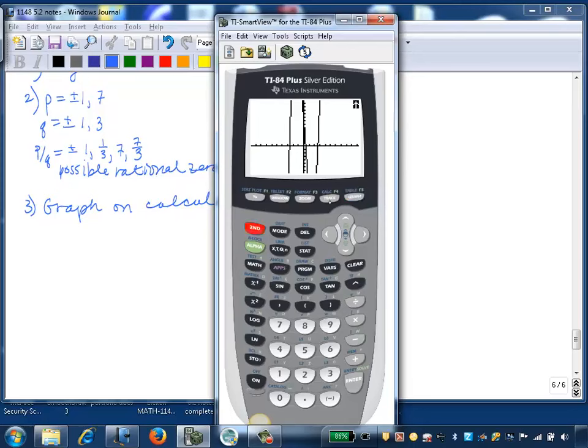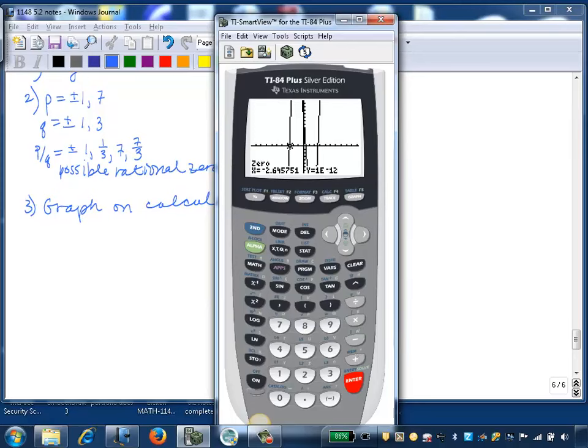So let's calculate our zeros. Let's calculate, and we'll do the leftmost zero first. So I'm going to arrow over a little bit left of where that zero is, so it looks like it occurs somewhere between -2 and -3, so just scroll over there. So a little bit left, and hit enter for your left bound, and then scroll a little bit to the right, and hit enter for your right bound, and then hit enter one more time.